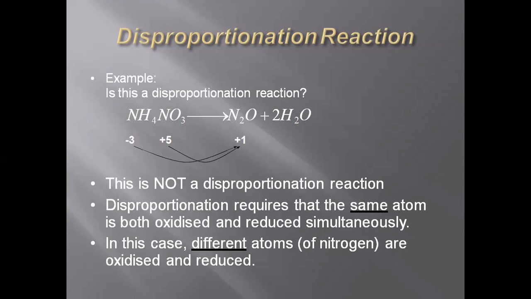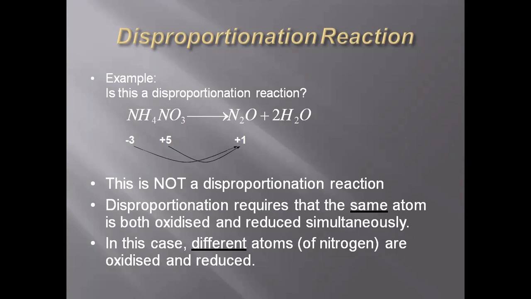Clear? When it dissociates into an N2O molecule, dinitrogen oxide, plus 2H2O, the oxidation state from -3 as well as from +5 comes to +1. See, there is a change. So this is not actually a disproportionation reaction.